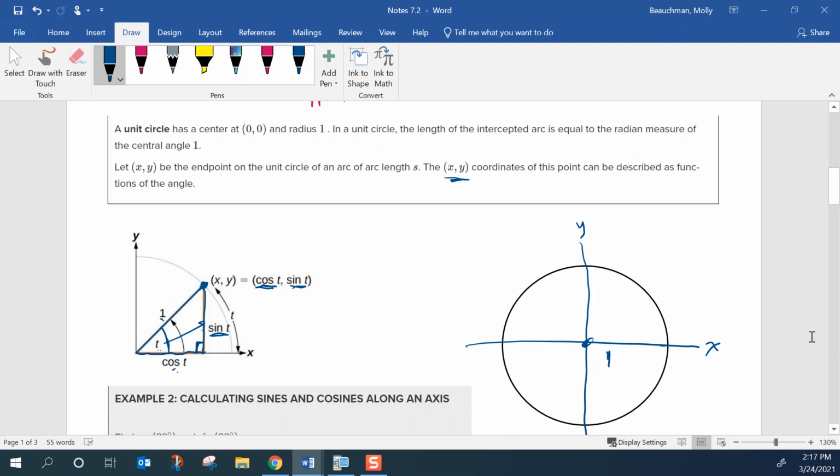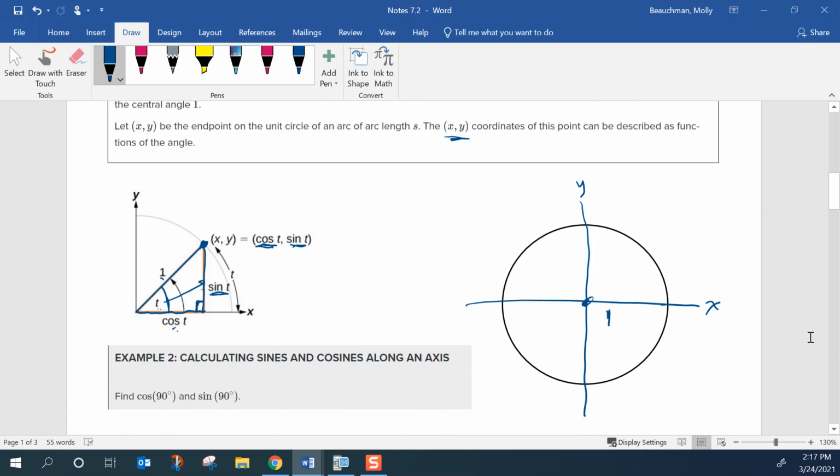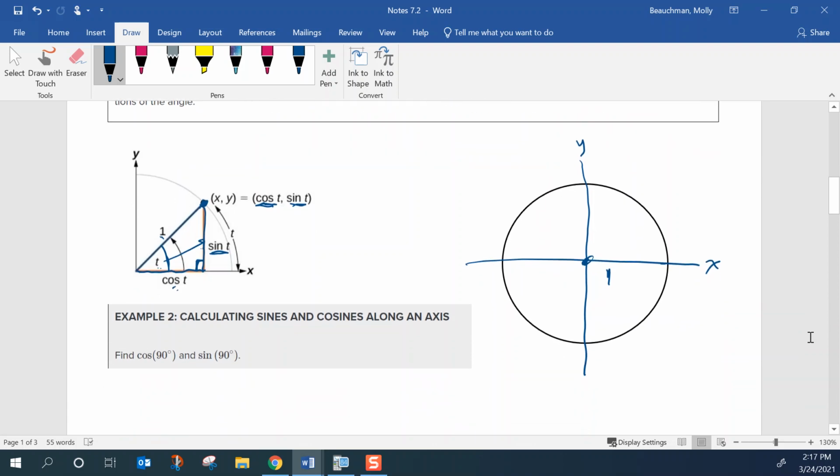So if we think about calculating sines and cosines, maybe the easiest coordinates to find are the ones along the quadrantal angles. So at 0 or 360 degrees, the coordinates are 1, 0.